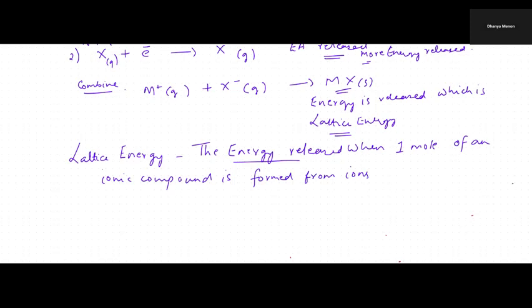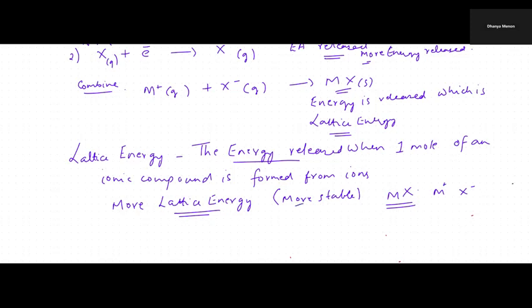The more the lattice energy, the stronger and more stable the compound, because for the formation of this MX a lot of energy is released, so lattice energy is high. To separate these ions, you have to put in a lot of energy.